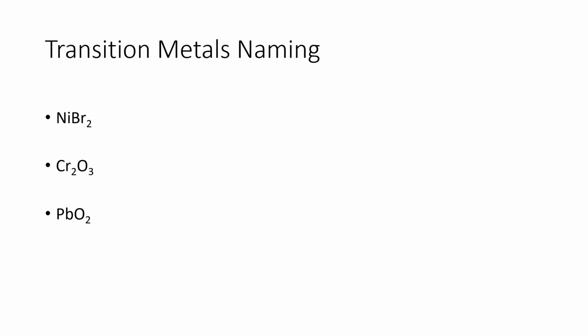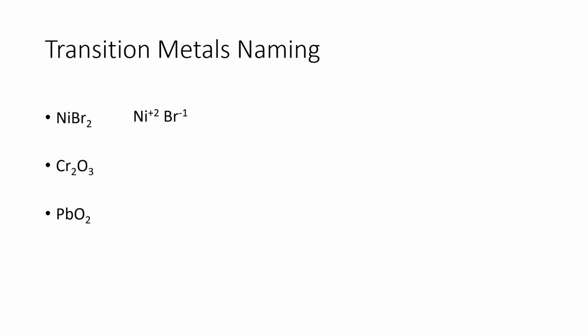Naming works the same way. You are going to name the cation and the anion, but you have to remember that it does need Roman numerals in order to determine the charge. So for NiBr2, you're almost going to uncrisscross them to figure out what the Roman numeral should be.